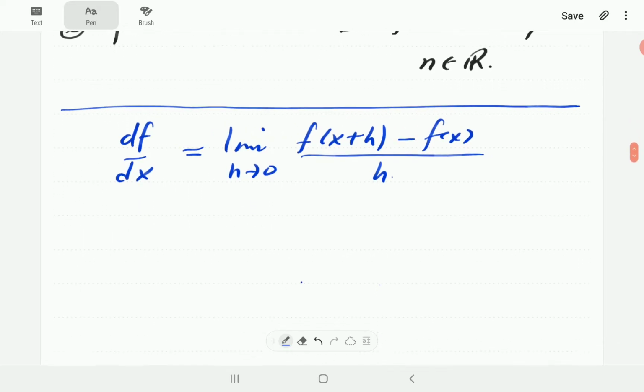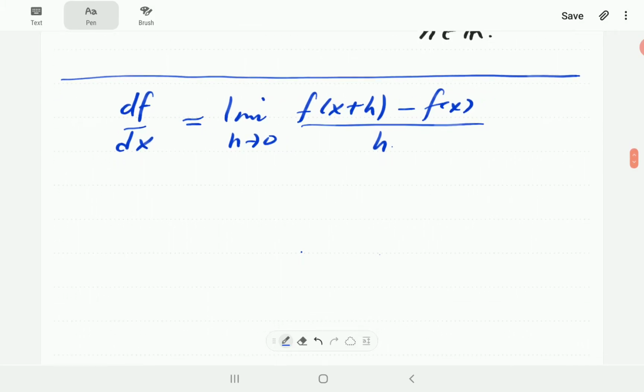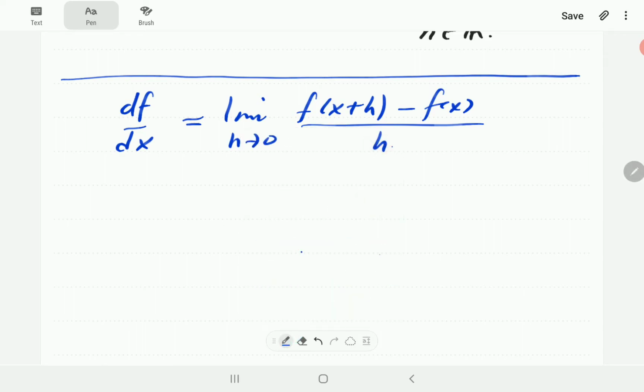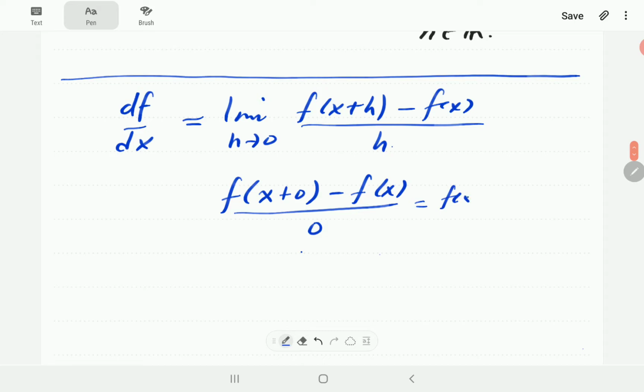principles. Before we do any calculation here, we're just going to note that if you do direct substitution here, so direct substitution means plugging in h is 0, you're going to have f of x plus 0 minus f of x divided by 0. So this is f of x minus f of x over 0.